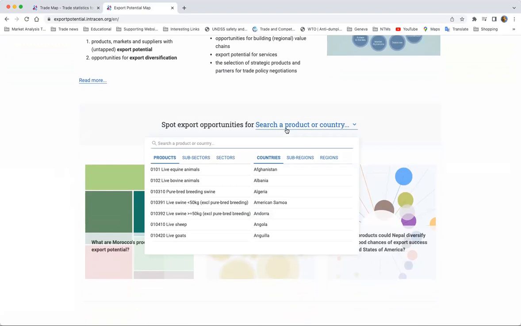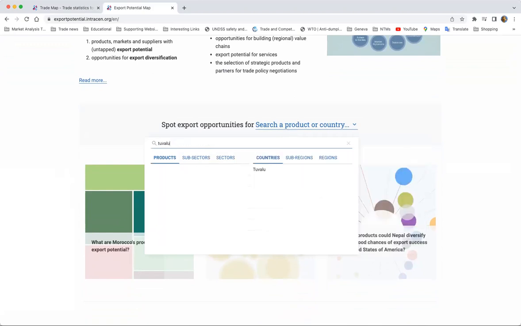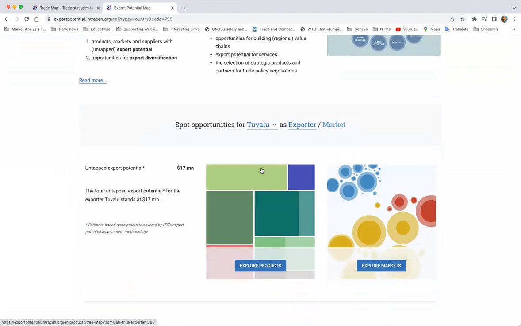So let me fill out Tuvalu here. I'm an exporter from Tuvalu, or a business advisor from Tuvalu, for export purposes. I want to look at which products are interesting. I will click here on explore products, but you can see at the left that there's already an untapped export potential of 17 million US dollars.